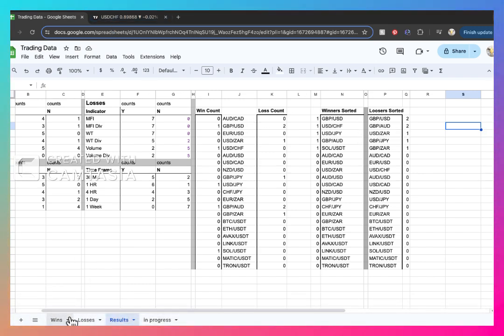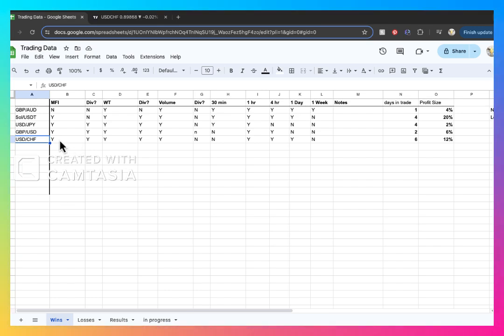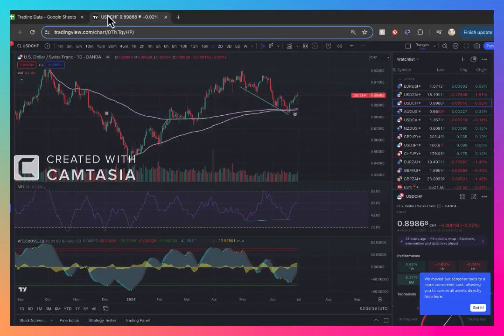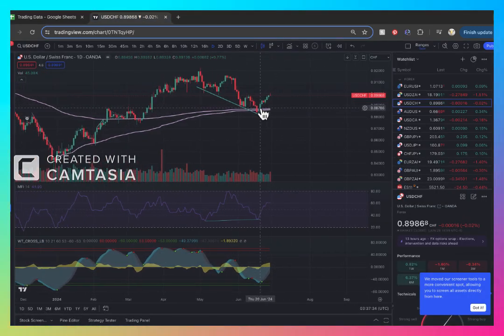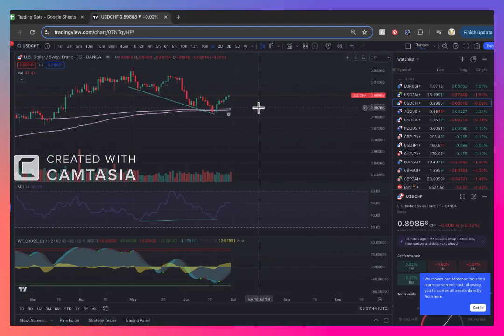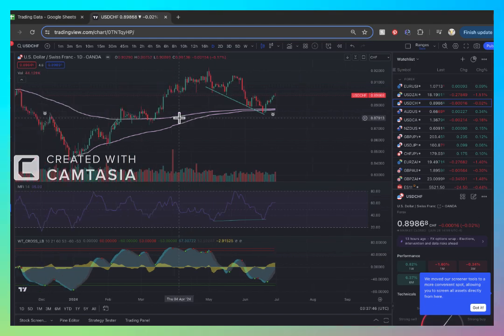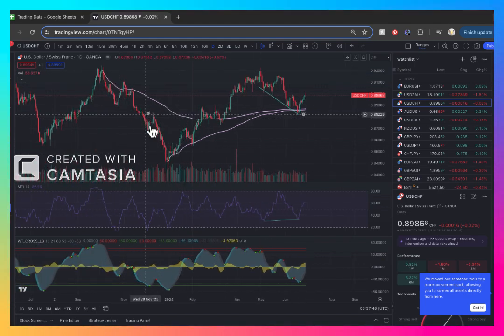So if we wanted to examine why USD CHF was a winner, we could go back and look at what we did. We mostly entered on the daily. We found divergence in the money flow index, and we got a green dot on the daily, and we found support at our VWAPs.